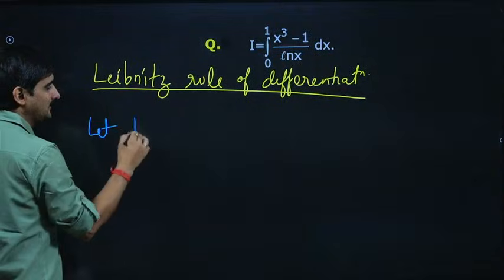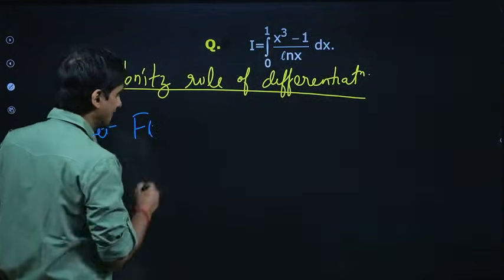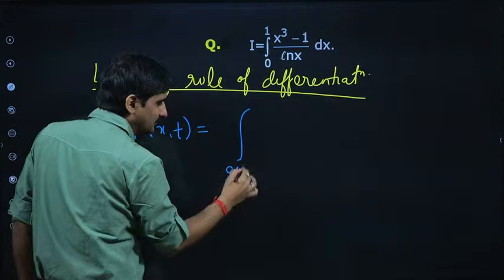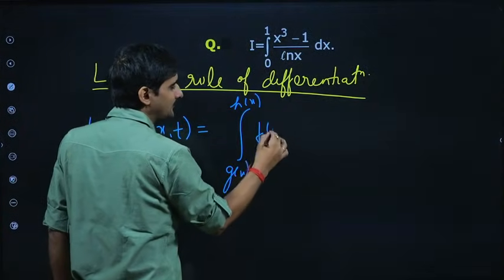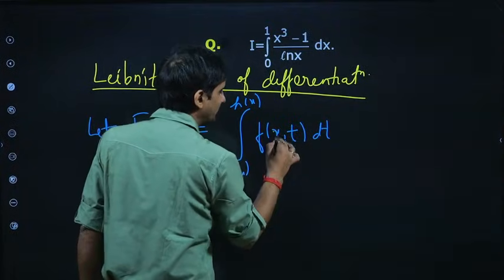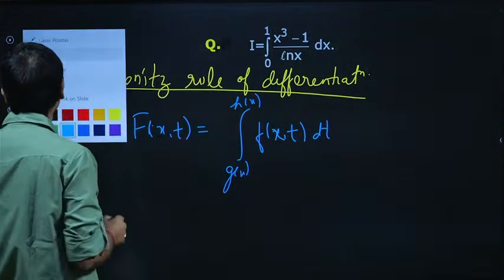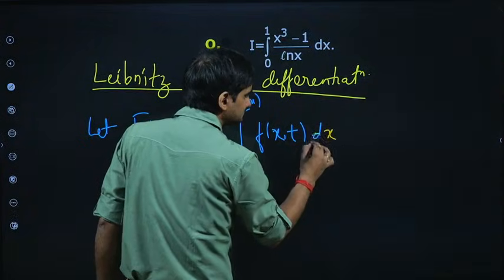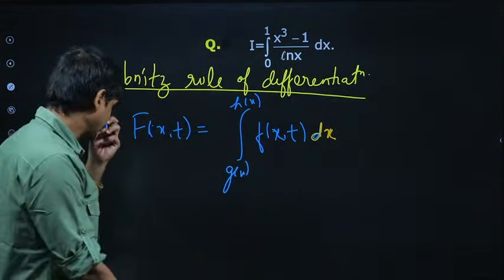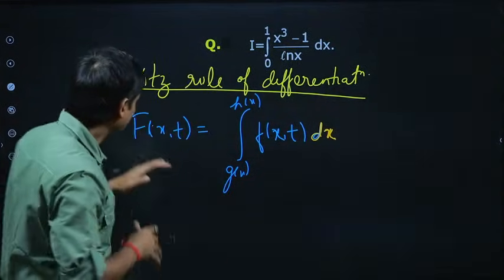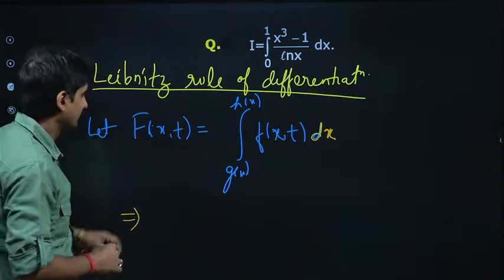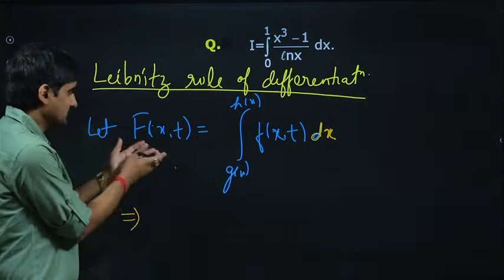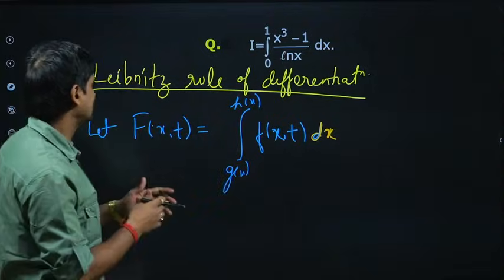So let's say we have the integral from g of x to h of x of small f of x, t, with respect to t. If you have this integral, then of course we will be getting it in terms of a function of t also and as a function of x also.